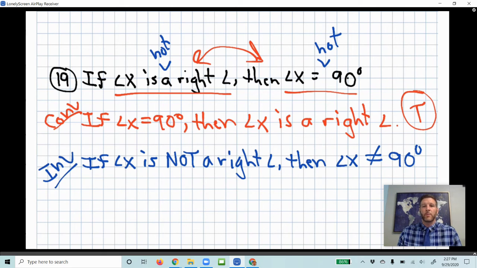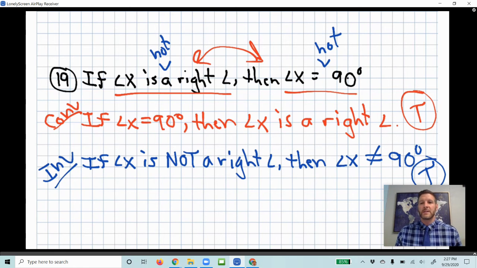So we kept it in the same order, but we just negated both sides. So that's our inverse. Is that true? If an angle is not a right angle, then it can't be 90 degrees. Can you ever be 90 degrees but not be a right angle? No. So that's also going to be true.